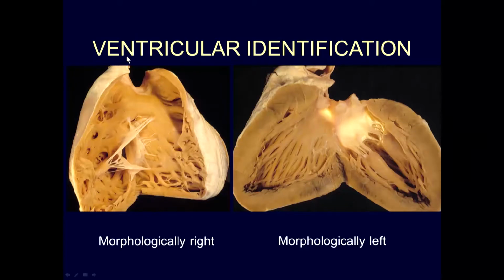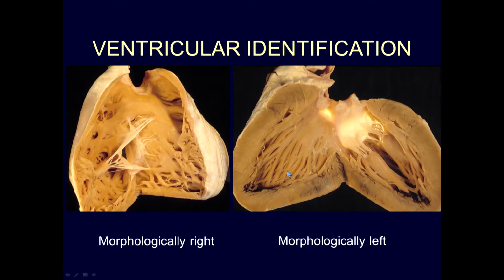As you can see here, the morphological right ventricle has the tricuspid valve, inlet part, and outlet component, and this is the apical trabecular component. Very coarse trabeculation, you can see. This is the characteristic feature of a morphological right ventricle.